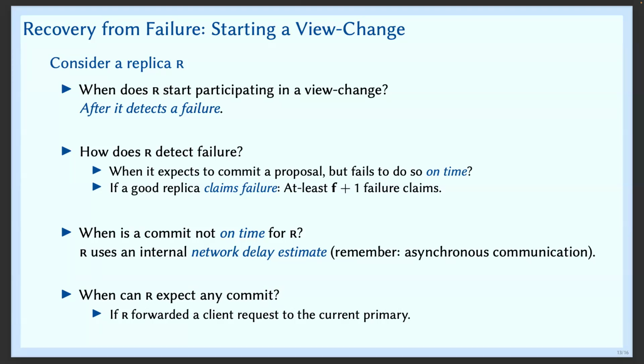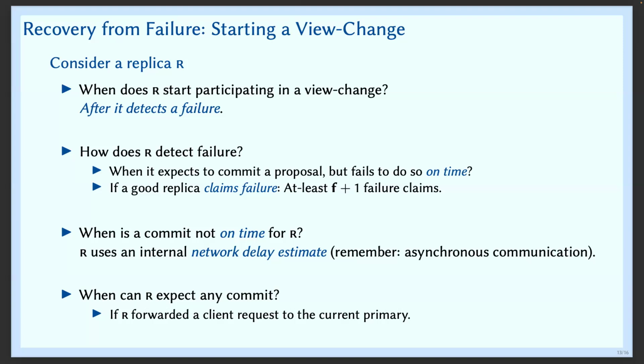Primaries could essentially censor or ignore certain transactions. But if the client just tells us the primary is malicious, we don't know. Maybe the client is lying. Maybe the client never sent a transaction to the primary.